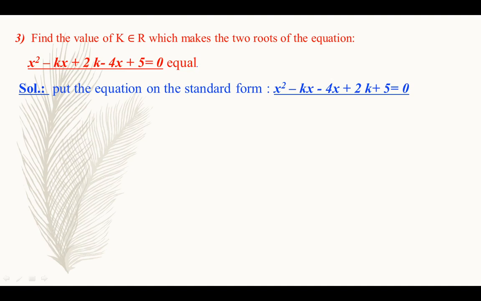Now, first we are going to take negative x as a common factor from negative kx minus 4x. Let's do it together. Here you have x² minus, and the two terms negative kx minus 4x.